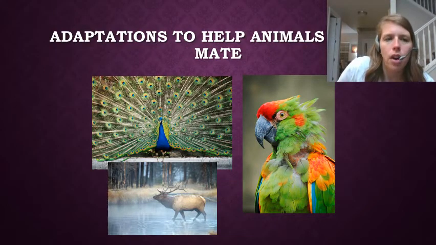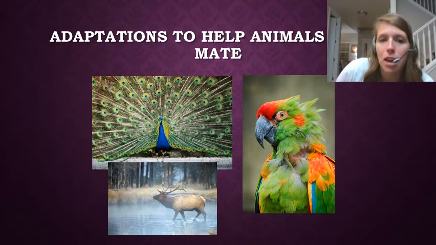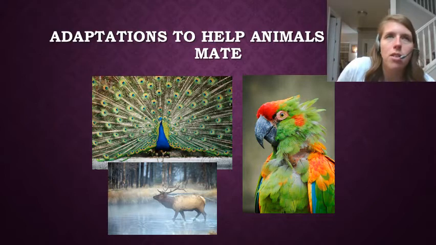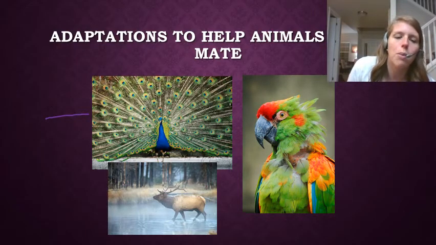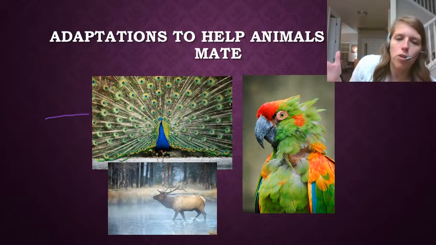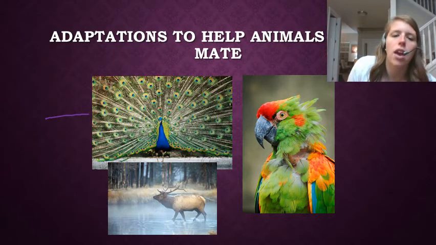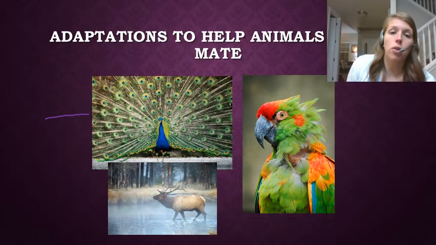All right, another adaptation that's important to meet the challenges of life is helping animals to find a mate. There are so many examples, and I know these are the ones that we've talked about before, but there are countless examples. The male peacock's beautiful display of feathers, and when it's mating season, they open those feathers and shake them to try to attract a mate.